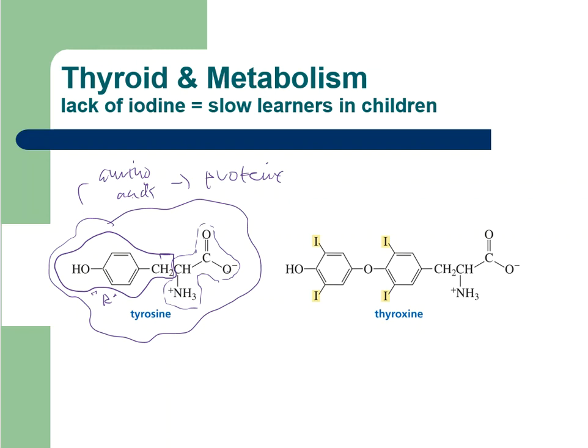So your thyroid and your metabolism works like this. We get tyrosine from things like shellfish, right? And some other dietary needs. This is an amino acid protein source. That tyrosine is used, and that tyrosine will be used in conjunction with the iodine. And look at what we do here. Your body iodates the benzene ring.